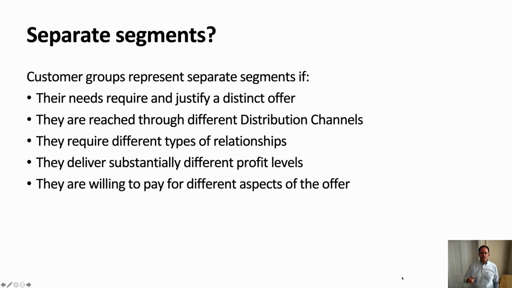Perhaps they're reached through different distribution channels, or they require different types of relationships. You might have segments that deliver substantially different profit levels. You've got a wholesale approach and a retail approach. They will deliver different profit levels, and they will be different segments. Or you might see that they're willing to pay for different aspects of the offer.